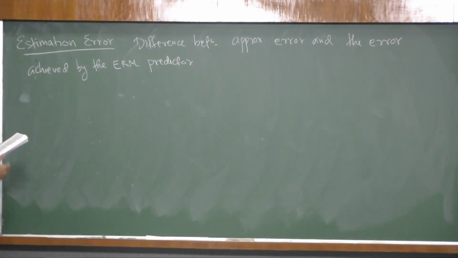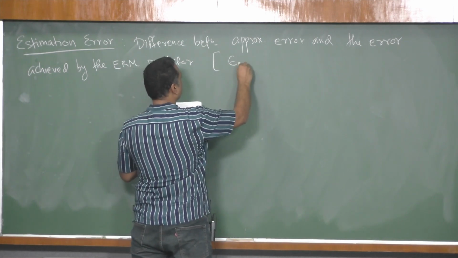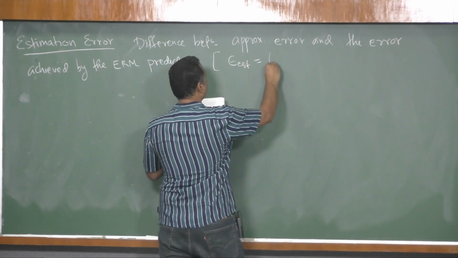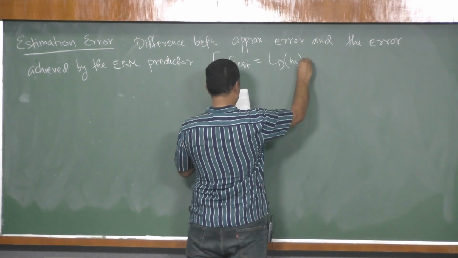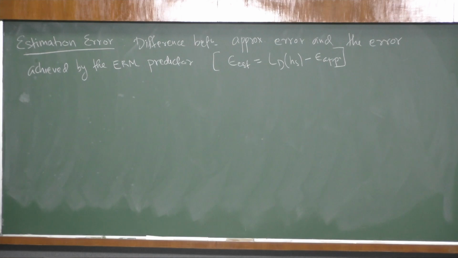Just to copy it again, epsilon est was L_D(h_S) minus epsilon approx. This is our ERM predictor.